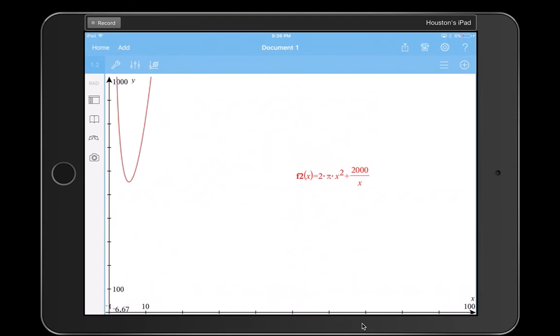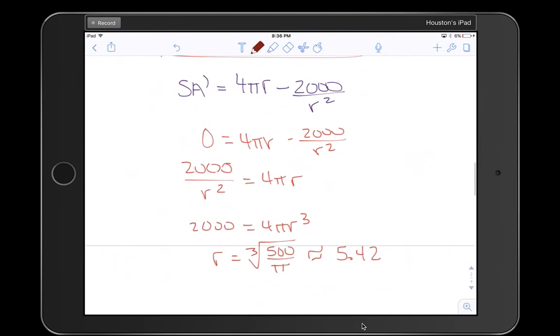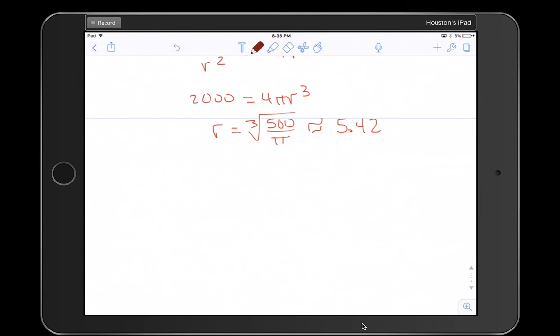If you think back in the original problem, we were trying to minimize our surface area. So I want to figure out where this is going to have a low point. And it looks like roughly at 5. And going back to what we got, 5.42.